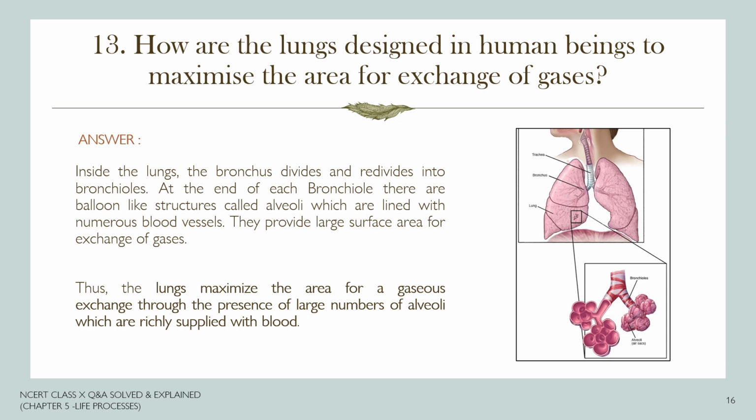It is because of the presence of these alveoli that a large surface area is generated for the exchange of gases. The concept is very similar to how we have villi in the intestine, which increase the surface area for absorption of food. Just like that, alveoli in lungs increase the surface area for exchange of gases.